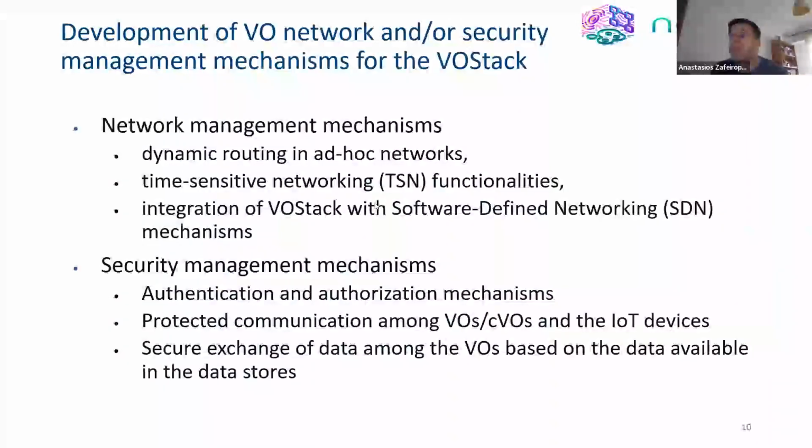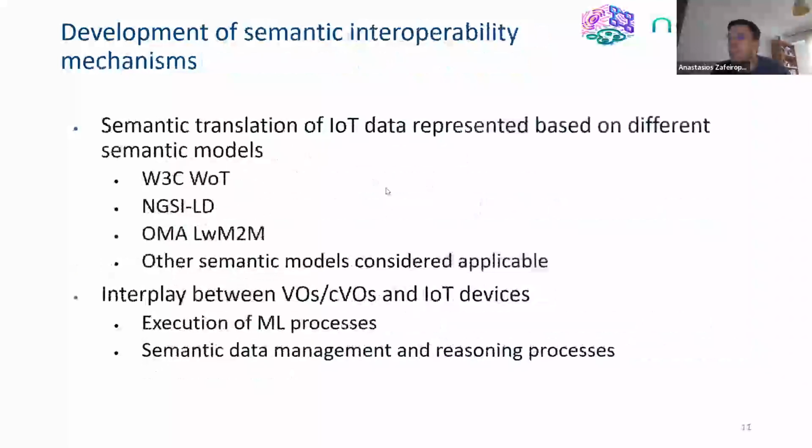Network management and security management mechanisms, I also mentioned it with different types of functionalities that can be supported for the networking and the security part. So I'm not repeating a lot. And last thing, semantic interoperability. We have indicative models that we consider, but again, this is not restricted. If someone works with specific semantic models, you can propose solutions.